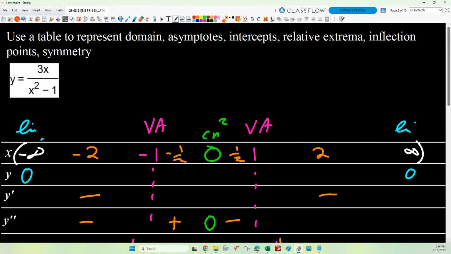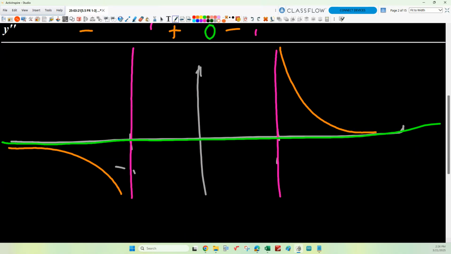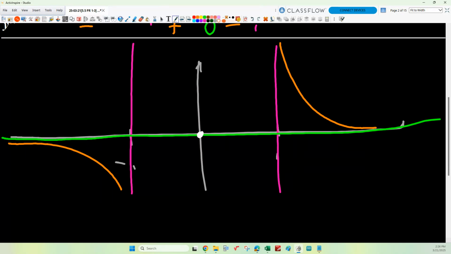And if I plug 0 in the function, what do I get back, by the way? 0, yeah. Right, so we get the point (0, 0) down here on my function. And what's it doing? If it's positive concavity to the left, it's got to be going like that.